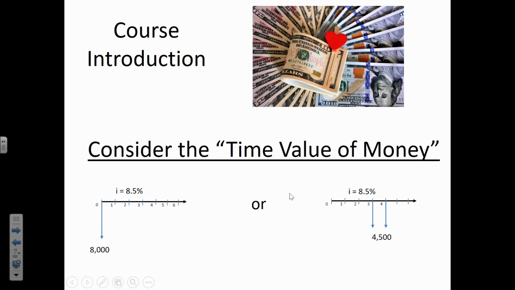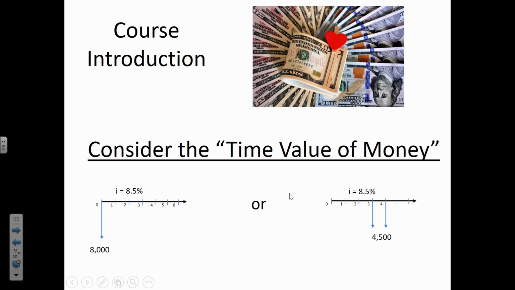And another big part of what I want you to learn this semester is the time value of money. Have you ever heard from your parents how cheap gas was in their day? Or how candy bars were a nickel at the soda fountain?